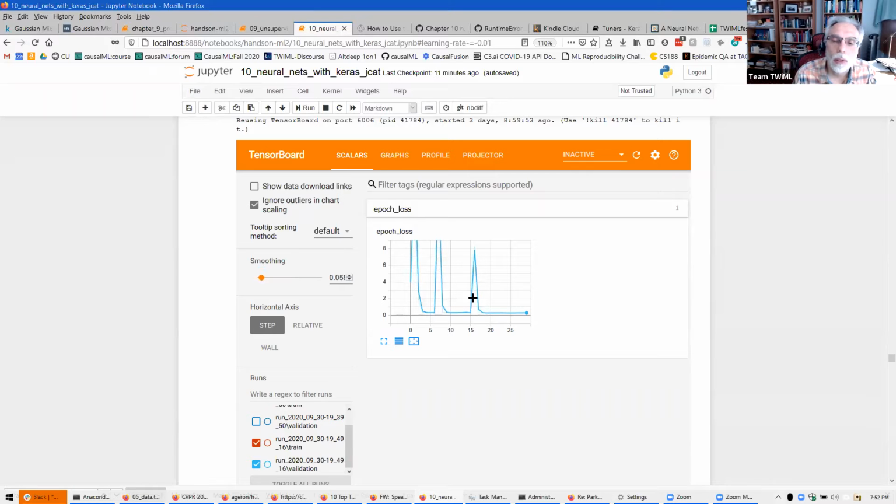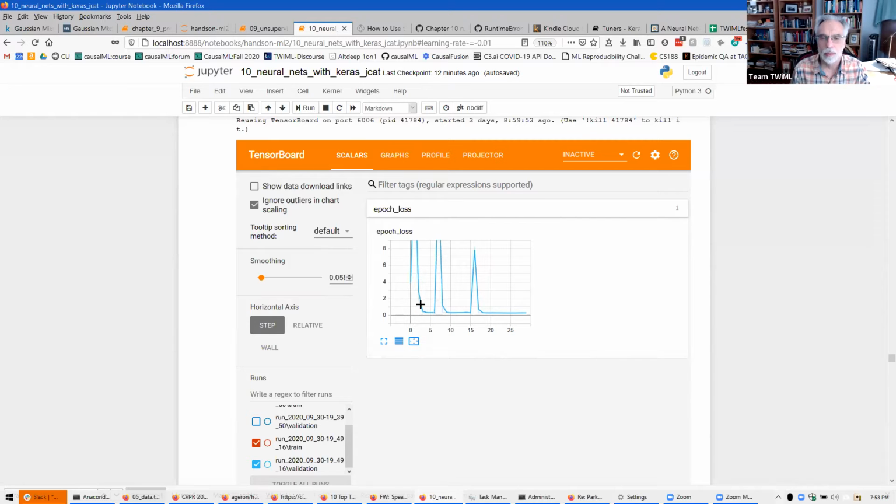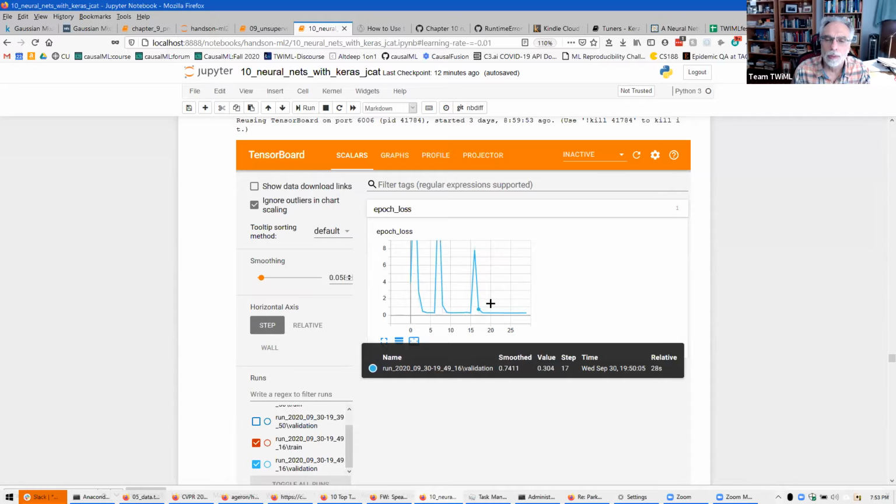If I don't smooth, that's just really weird. So this is consistent with what we know about large learning rates, that sometimes you can bounce around, but the other thing about large learning rates is they get you quickly to a local minimum. So it bounced around, but it got back to that minimum. So I guess it was all right.